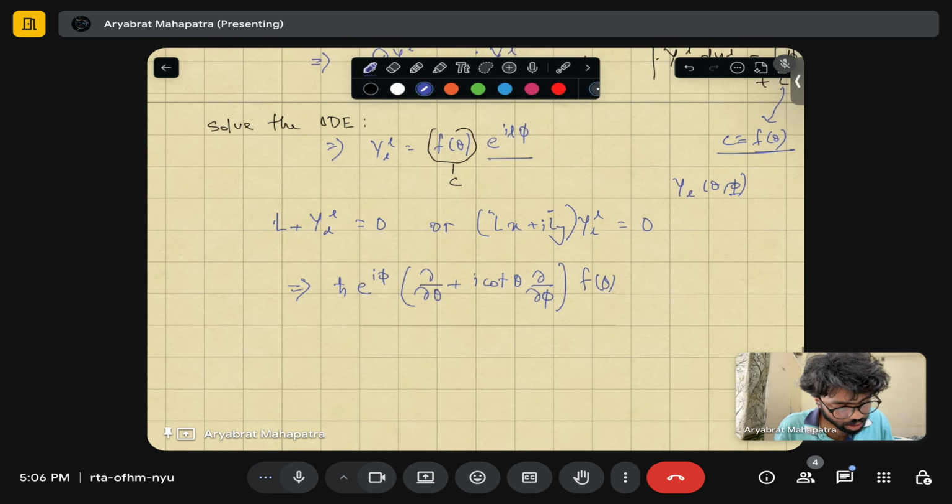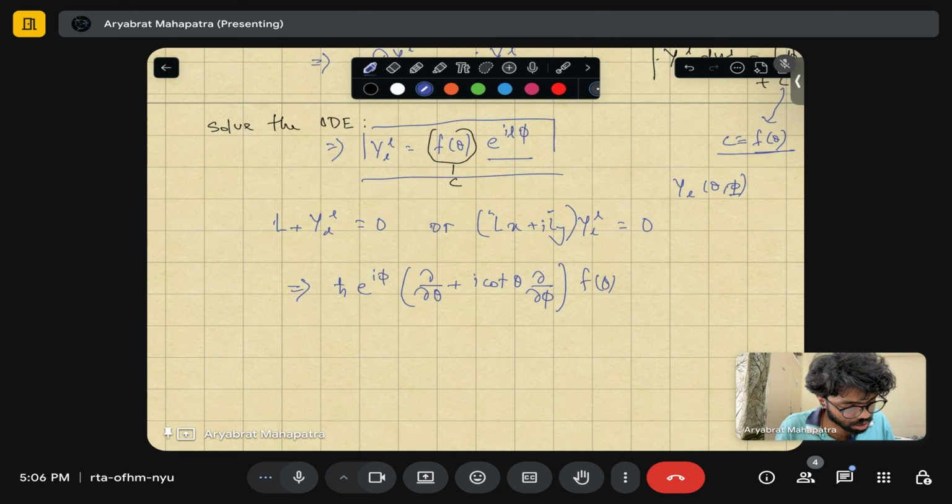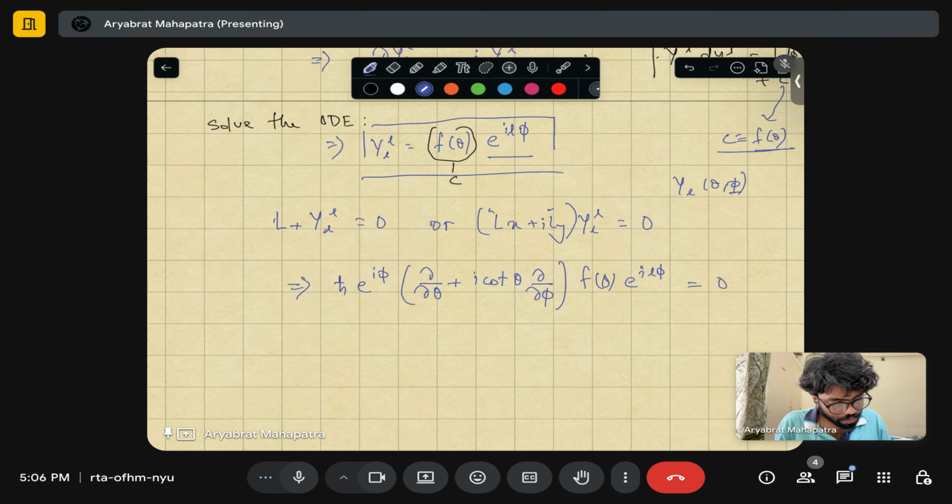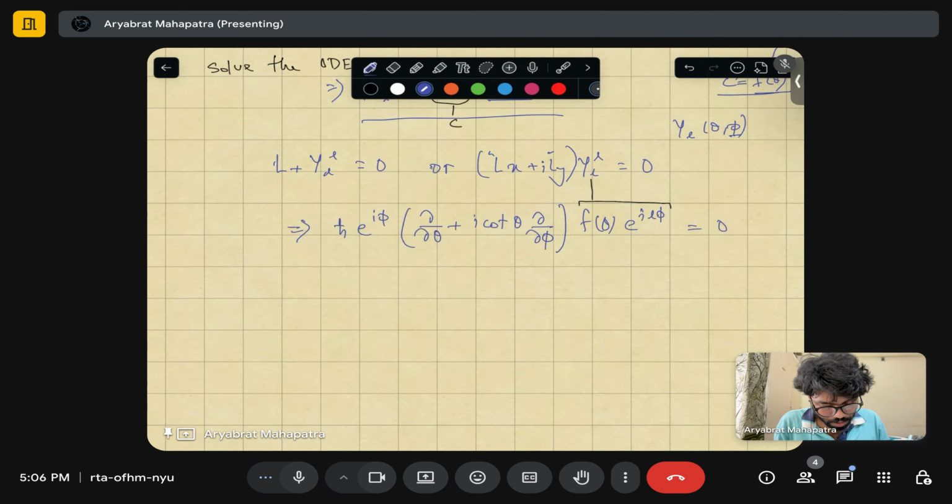So you take this Y_LL, f of theta e to the power i l phi, equals 0. So you are taking this as your Y_LL, and from here you have another differential equation where you can show the following.